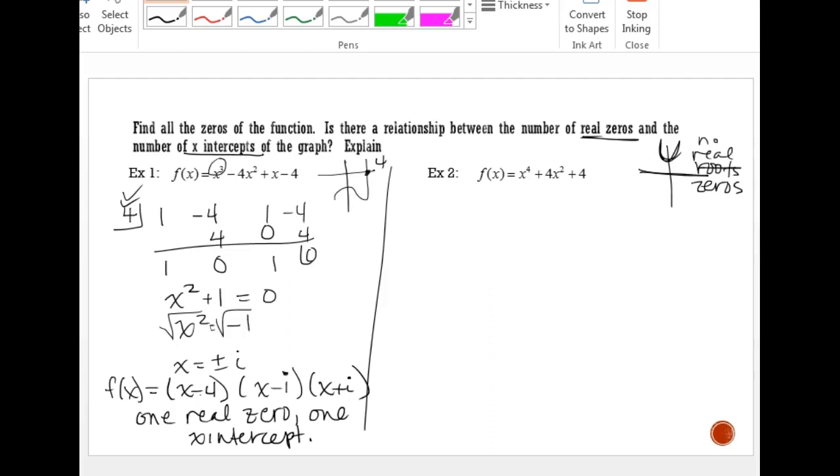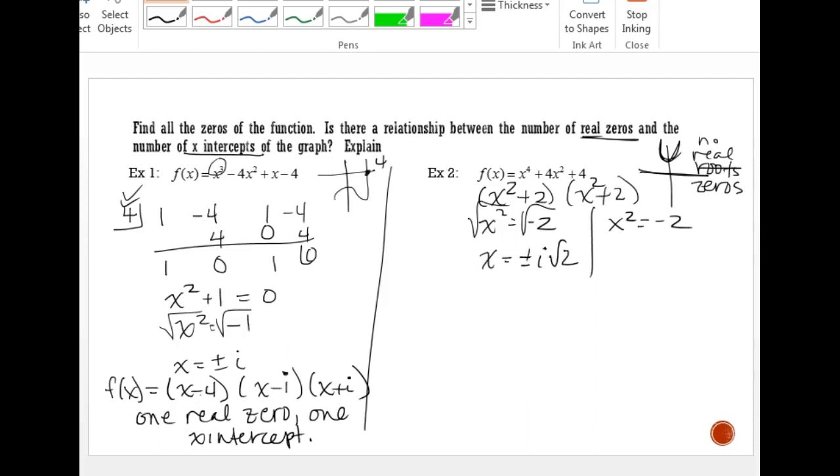Now, I still have to figure this out, so I can try factoring. And this one will factor: x squared plus 2 times x squared plus 2. X squared equals -2. So take the square root. I get x equals plus or minus i square root of 2.